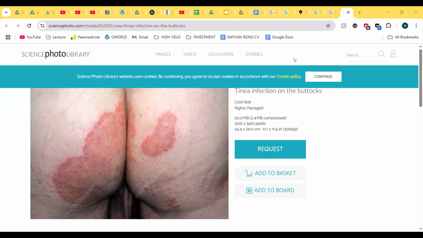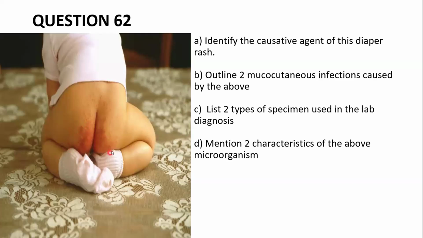Now compare this and this in this patient. Can you see? These ones are ill-defined borders, irregular borders. Now, the irregular borders is Candida, the regular borders is Tinea cruris.